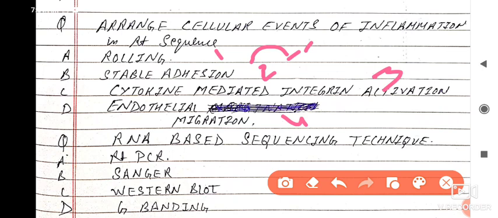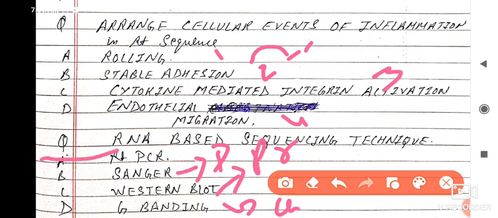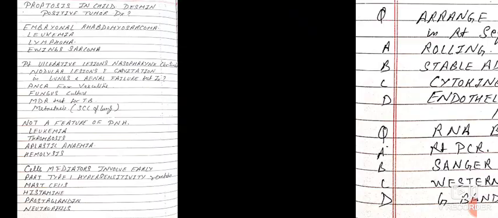Now the RNA-based sequencing technique: Western blot is for protein, G banding for chromosome analysis, Sanger is for DNA, Southern blot for DNA, Northern blot for RNA, but RT-PCR is a technique. So the best answer for the RNA-based technique is RT-PCR.